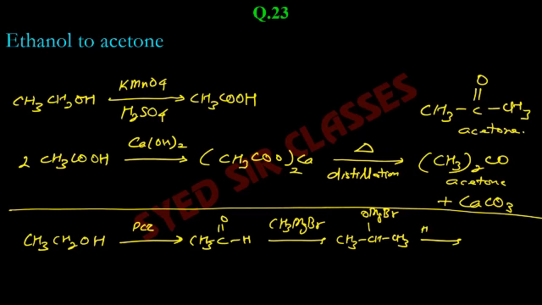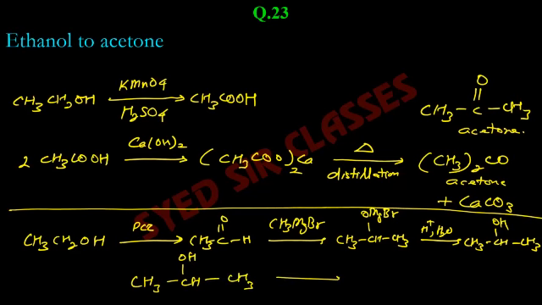Then do acidic hydrolysis. Then it will be CH3CHOHCH3. Then do reduction, okay, sorry, oxidation. CH3CHOHCH3. Then you can do oxidation. For oxidation, you can use PCC or you can use CrO3. It will be CH3COCH3. So that will be a 4-step process.